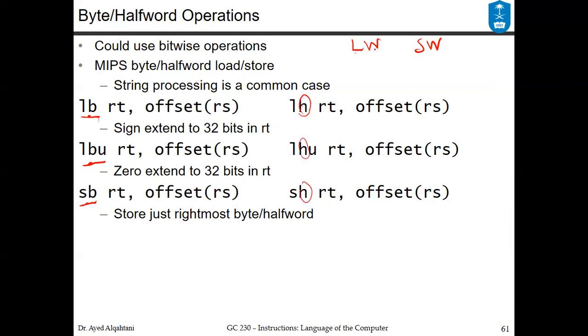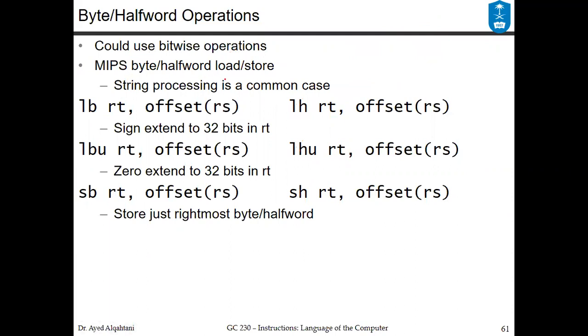So the load word, store word works for 32 bits. The load byte unsigned, and store byte, they work with 8 bits. And the load half word unsigned, store half word, they work with 16 bits. So they could use bitwise operation easily.